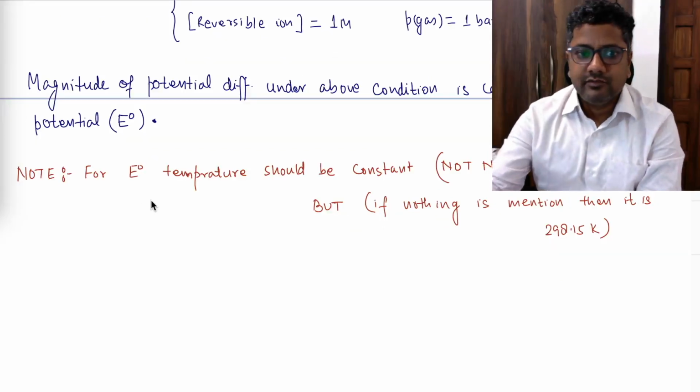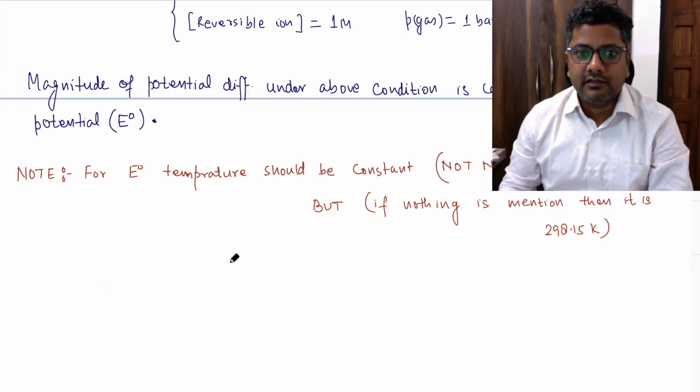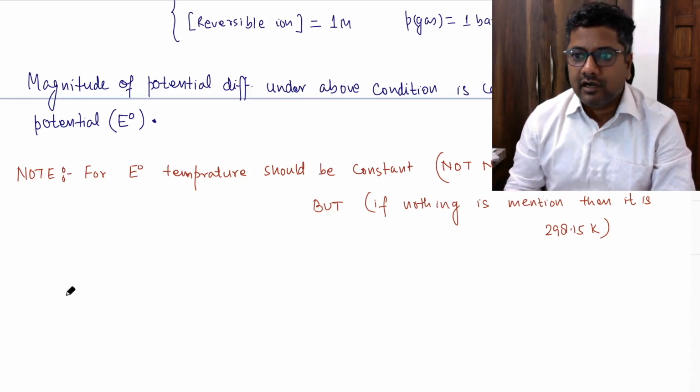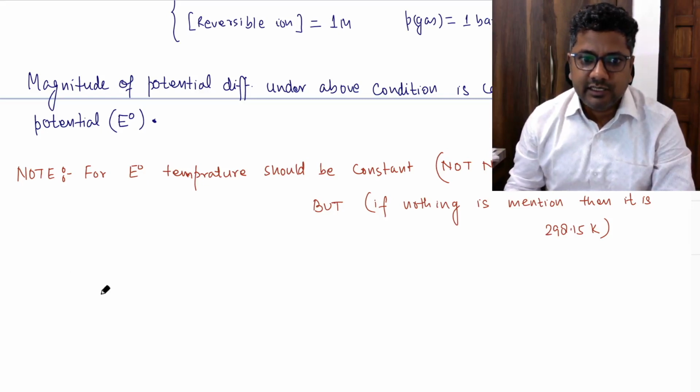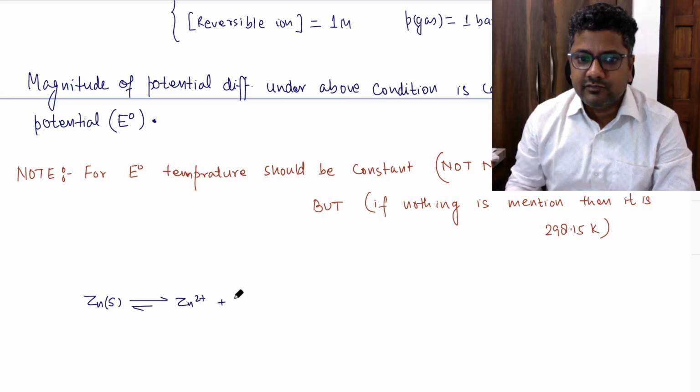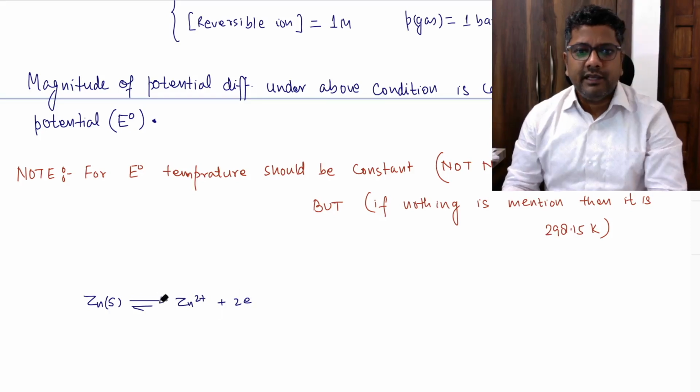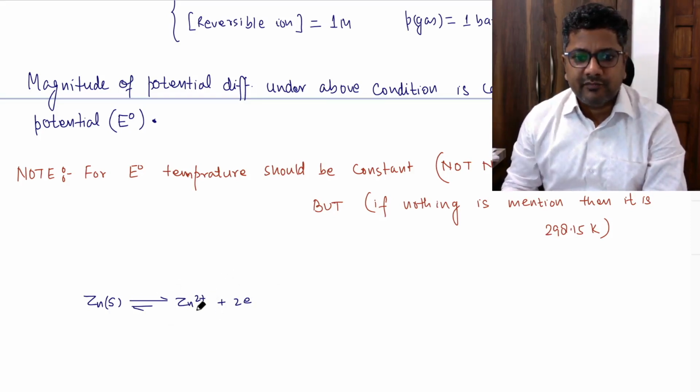Well, so now it is clear to all of you what is E and E naught. Now see how to represent E and E naught for any reaction. In the above case, we have this half cell reaction: Zn solid gives Zn2 plus and 2 electrons. Any reaction, if represented, you have to always read from left to right. This is the normal convention.